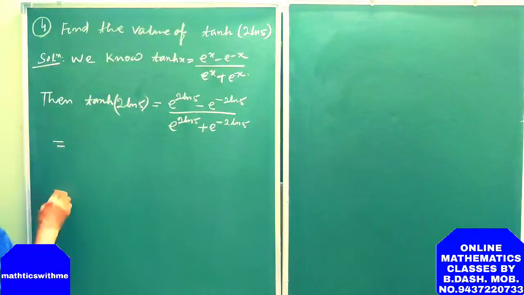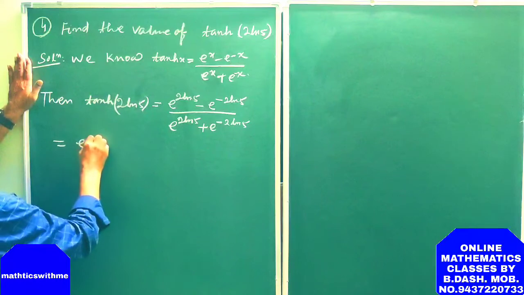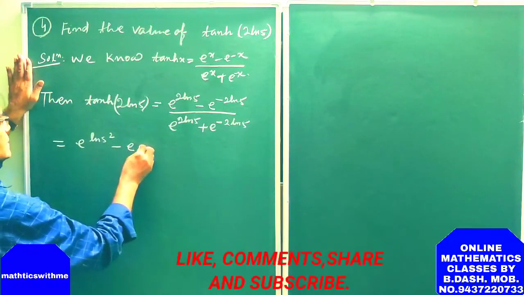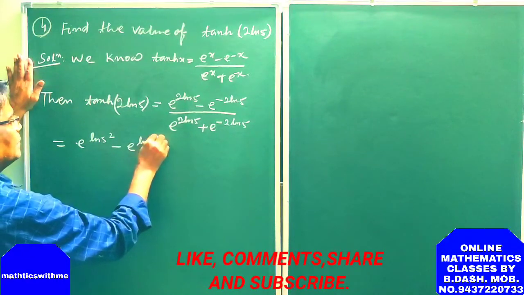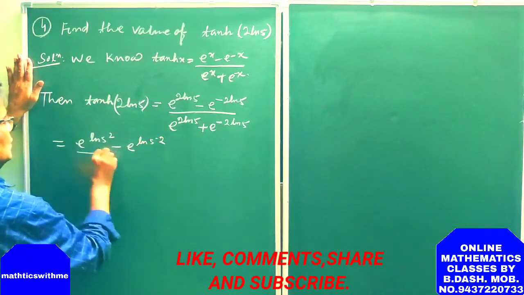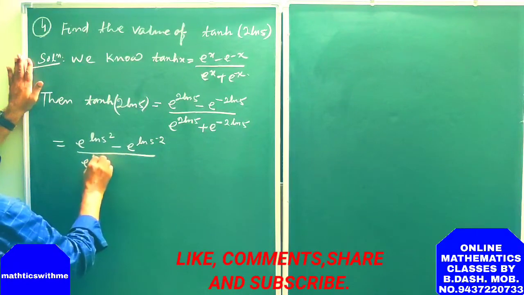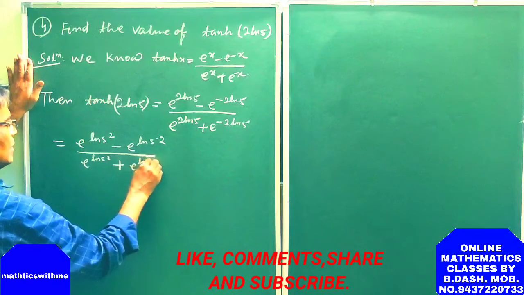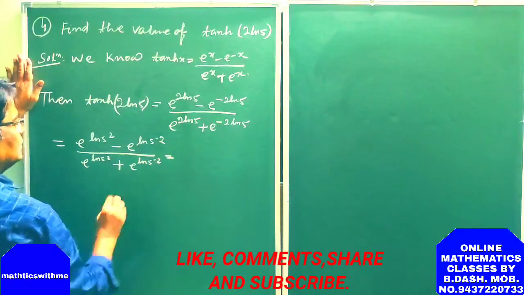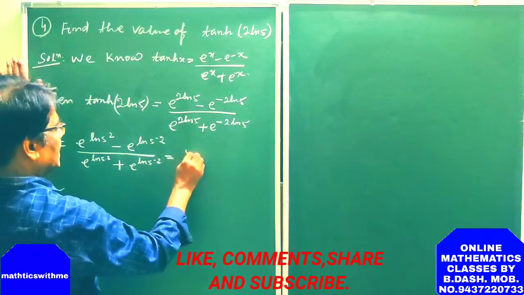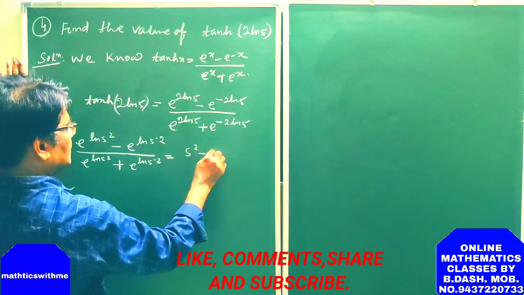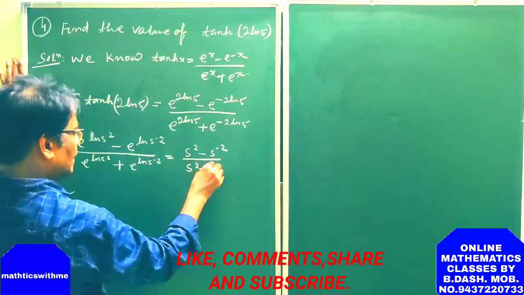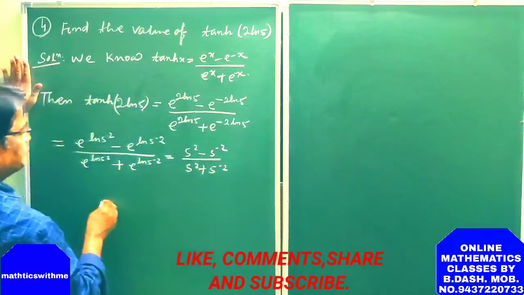So this is equal to e to the power ln 5 square minus e to the power ln 5 to the power minus 2 divided by e to the power ln 5 square plus e to the power ln 5 to the power minus 2, which is equal to 5 square minus 5 to the power minus 2 over 5 square plus 5 to the power minus 2.